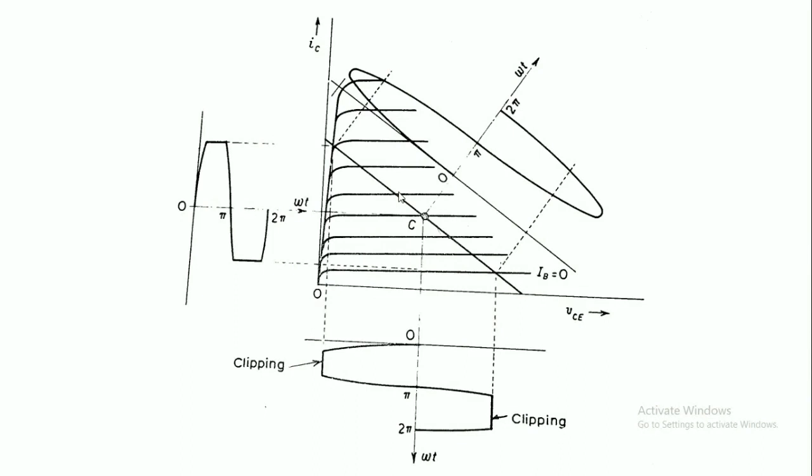And if you see this one, the transistor operating point is selected at the middle of the DC load line, but the input given here is a very large signal. So what happens? This part will enter the cutoff region, and this part will enter the saturation region. There is no output at the saturation region and cutoff region.